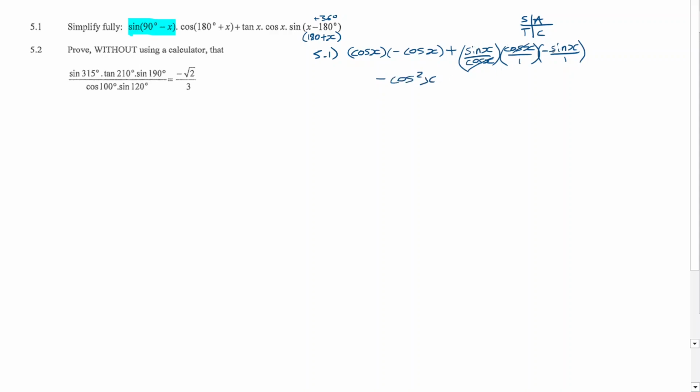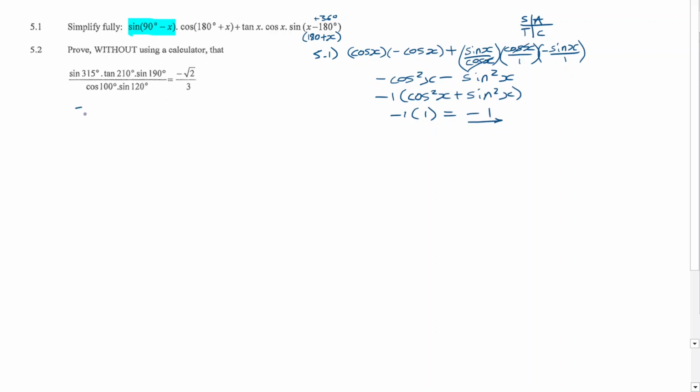And a sine times a negative sine is negative sine squared. That is perfect, because I can take out a negative 1, and I'm left with cos squared plus sine squared. I know that that's an identity in and of itself. That's just 1. So minus 1 times 1 is minus 1.